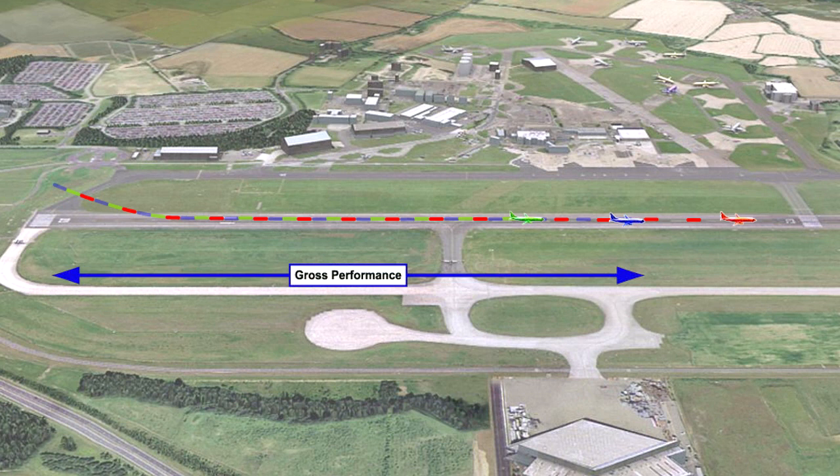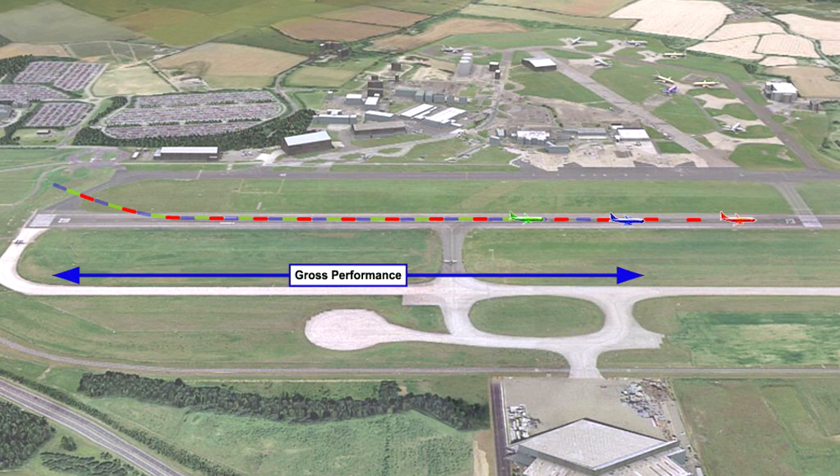If the published landing data in the aeroplane flight manual was the gross performance, the pilot in this case would not have achieved it, and thus will have compromised safety. He was expecting to perform in accordance with the manual.